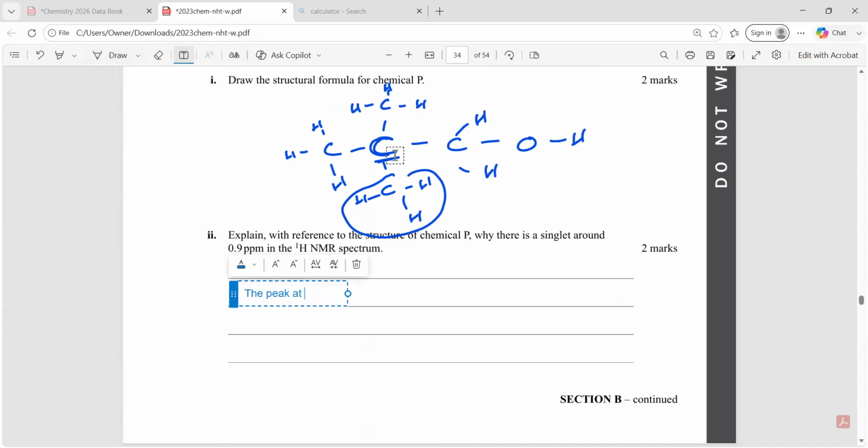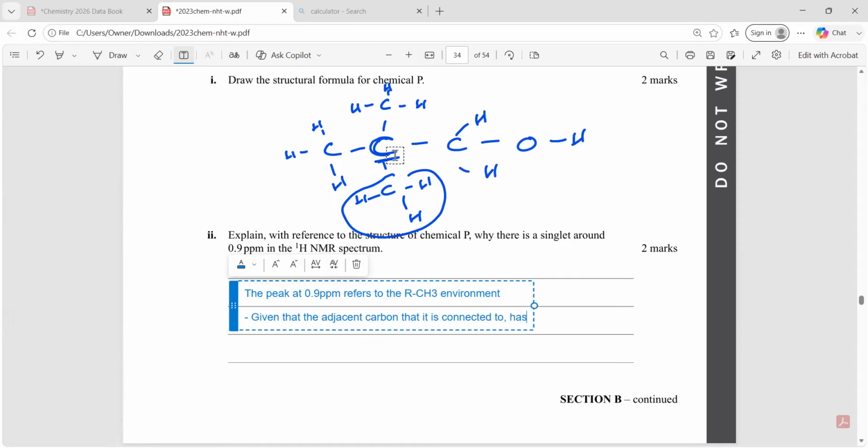Peak at 0.9 ppm. It refers to the RCH3 environment, given that the adjacent carbon that it is connected to has no hydrogens connected to it.